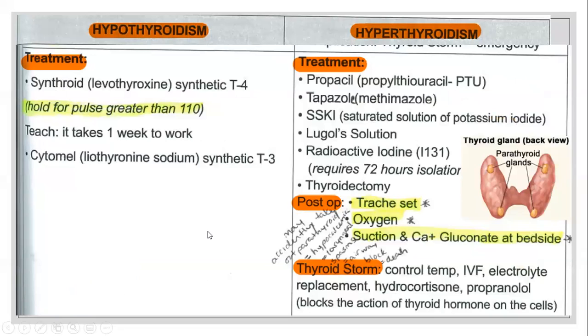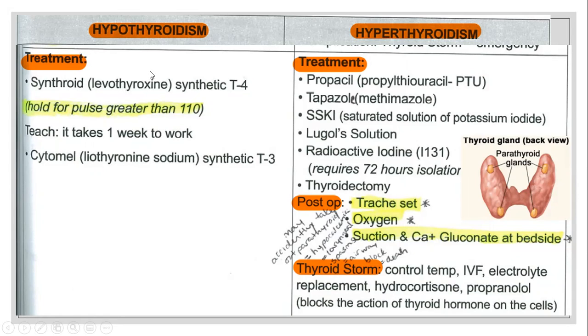So what is the management? In hypothyroidism, the patient's T3, T4 go down, so you have to give them T3, T4. This is called Synthroid. Another name is levothyroxine. An easy way to remember the hypothyroidism medication name is LEVO, HYPO.